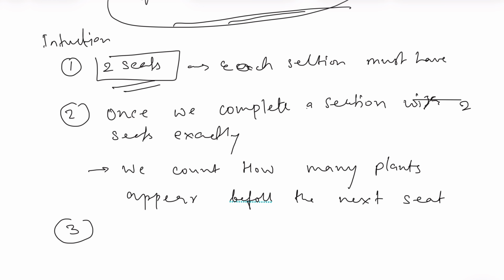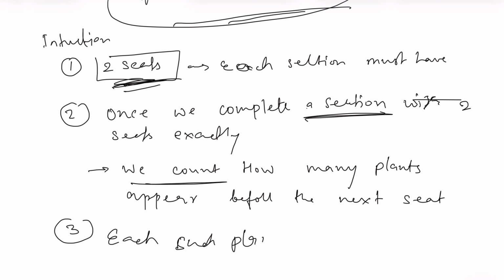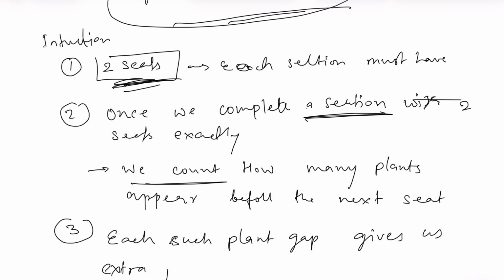So very first, we check that each section should contain exactly 2 seats. Once a section is completed with exactly 2 seats, we count how many plants appear before the next seat. Understand? Now, each such plant gap gives us extra partition choices, like the 2 plus 1 we have seen.